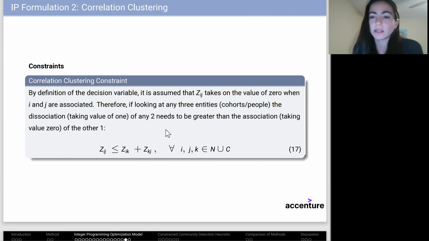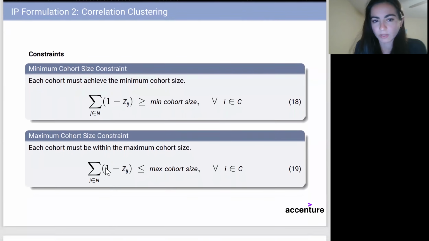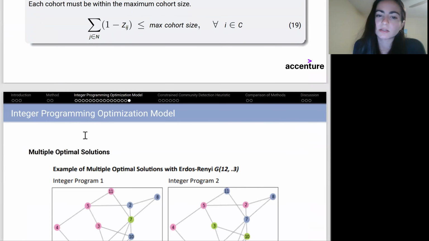So if we look at any 3 entities, and again, it can be cohorts or people, the dissociation, which takes value of 1, of any 2 has to be greater than the association. So we set that up like this. It's a conditional kind of constraint there. And as before, we have the min and max cohort size constraints.